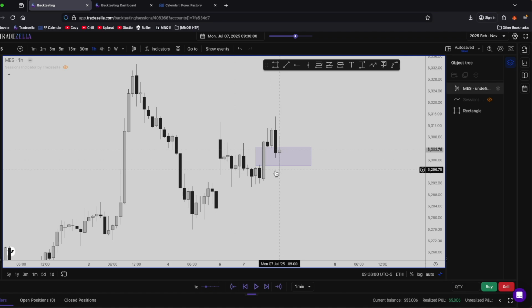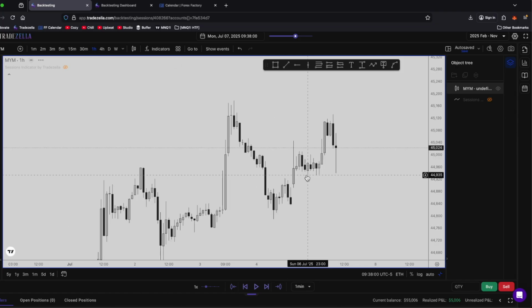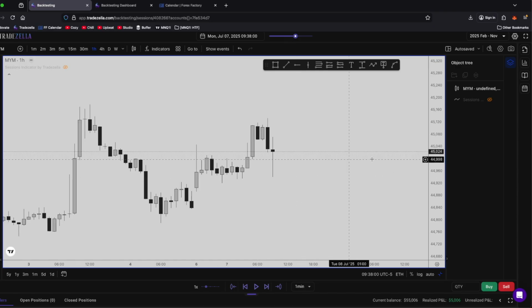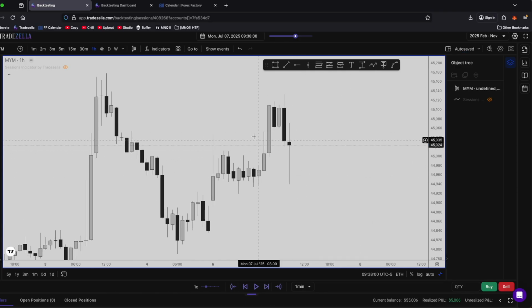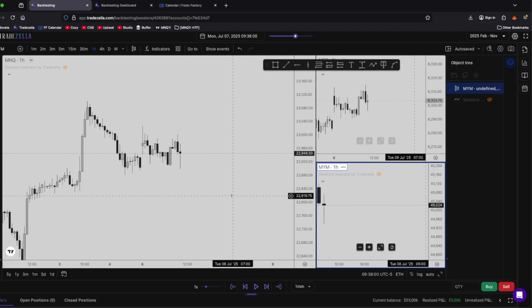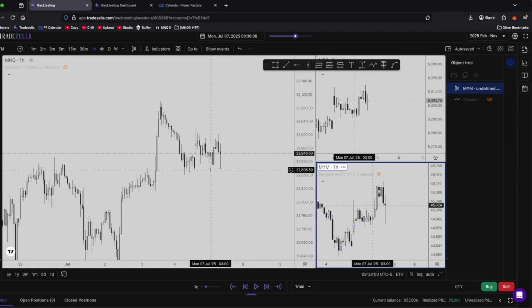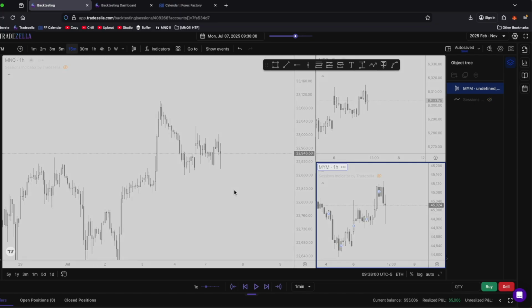I like that. See, ES is actually making structure. Now YM came down into this gap too. So that's suggesting that maybe it doesn't want to come any lower. We do have bullish SMT forming.